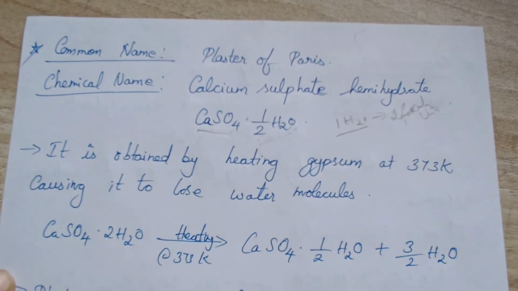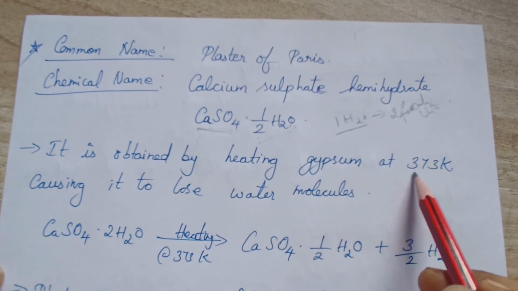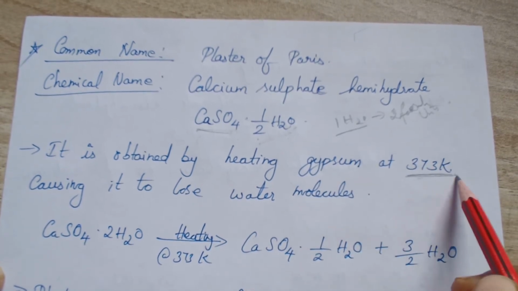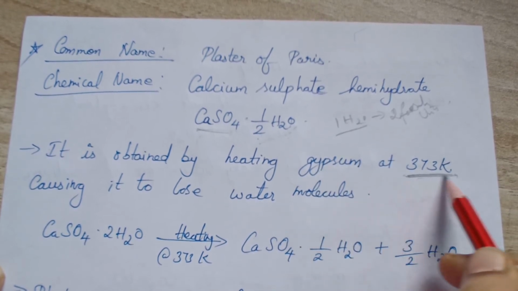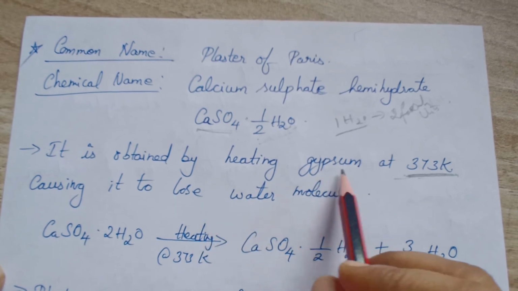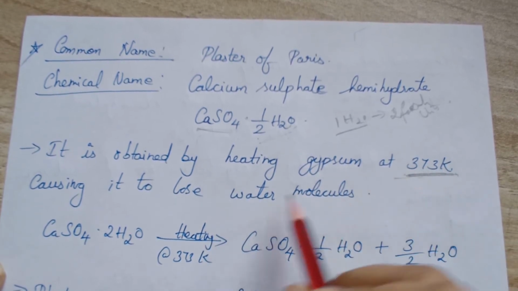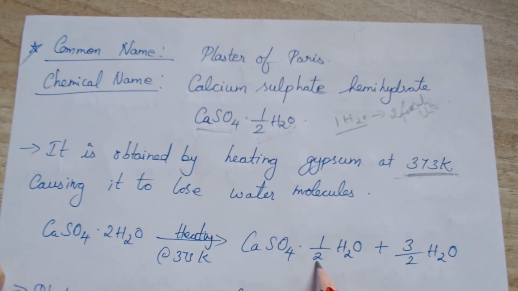So how is it obtained? It is obtained by heating gypsum at 373 Kelvin. If you heat this gypsum at 373 Kelvin, it loses water. You know that gypsum contains two molecules of water, right? Dihydrate. It loses water and becomes calcium sulfate hemihydrate.